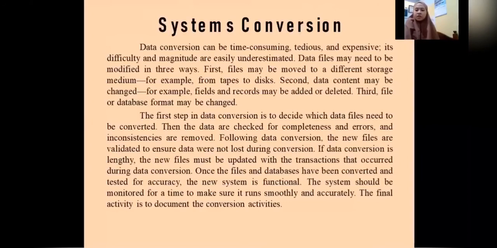If data conversion is lengthy, the new files must be updated with the transactions that occurred during data conversion. Once the files and database have been converted and tested for accuracy, the new system is functional. The system should be monitored for a time to make sure it runs smoothly and accurately. The final activity is to document the conversion activities.